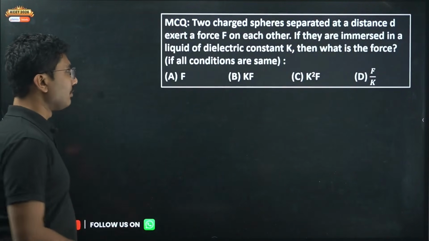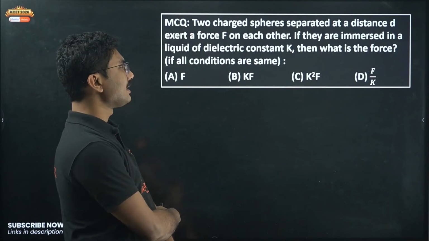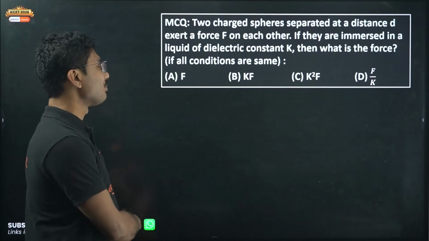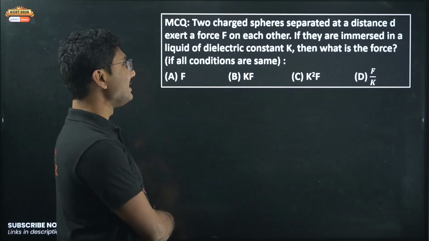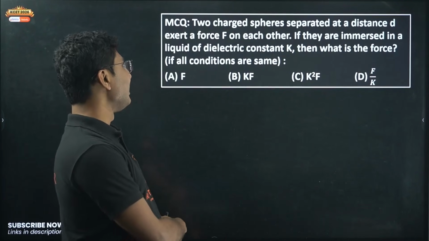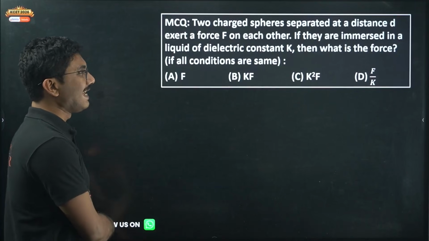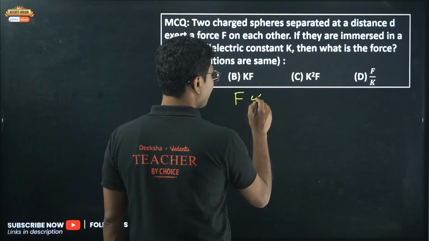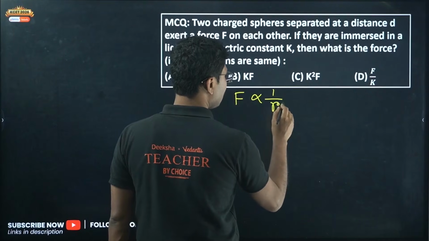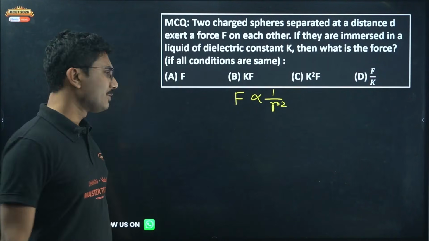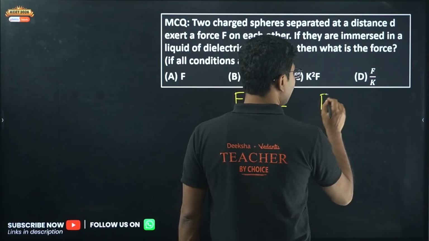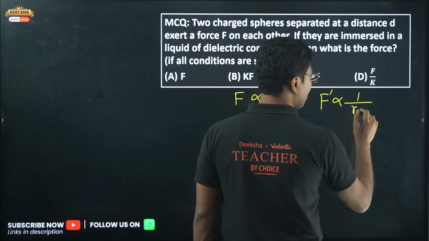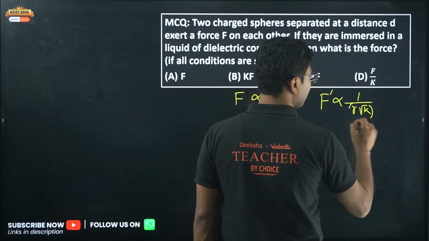Now let's see one MCQ question. Two charged spheres separated at a distance small d exert a force capital F on each other. If they are immersed in a liquid of dielectric constant K, then what is the force? We know that normally force is proportional to 1 by r square, that is Coulomb's law. Now if you put this inside a dielectric medium, then the new force is proportional to 1 by (r root k) whole square.